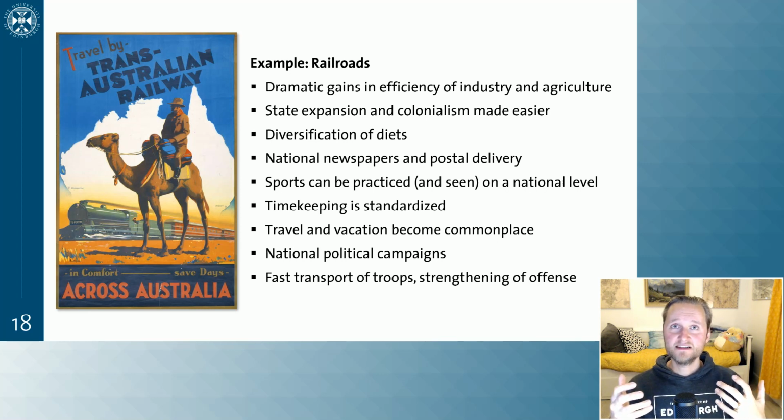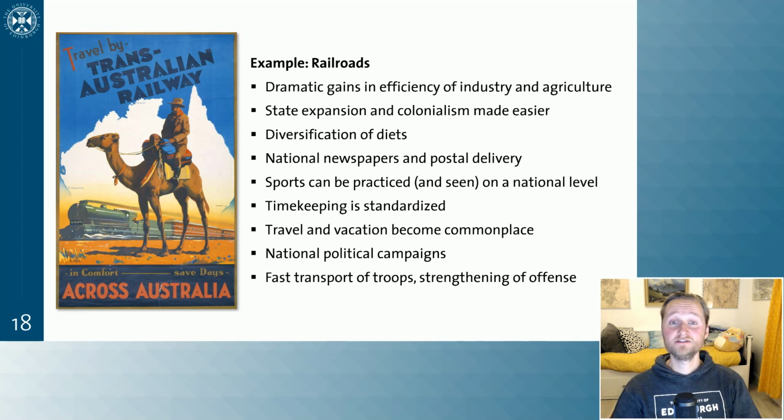That also means that it made the expansion of states much easier because you could transport things over further distances. It also had very individual level effects. Your diet would have been much better after the introduction of trains than before because you could transport things from further away. Like, you weren't stuck with buying whatever your local market offered. No, you could buy things that morning had come in on the train.